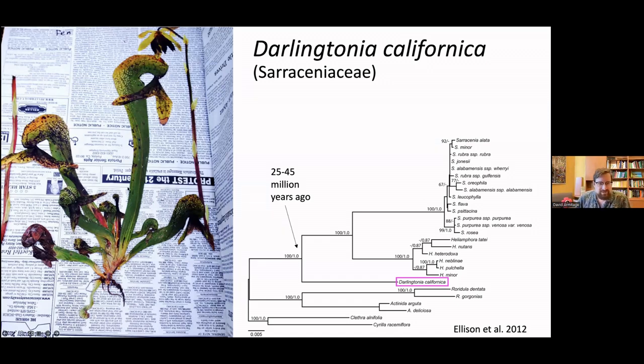Here's a pressing of Darlingtonia that was made about 20 years ago now, I think. You can see the plant itself bears a lot of the normal Sarracenia-like morphology, but with some notable exceptions, mostly being the shape of the distal end of the pitcher leaf. It's curved over in a manner similar to Sarracenia psittacina, for instance. The flowers are also quite different than the rest of Sarracenia.